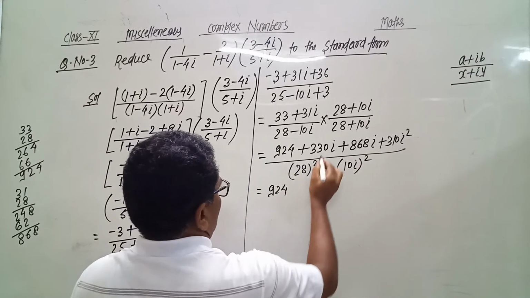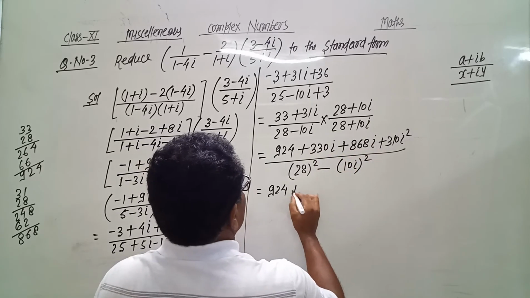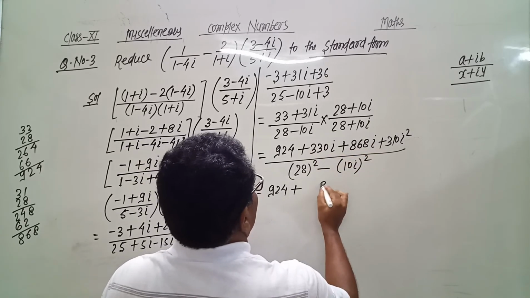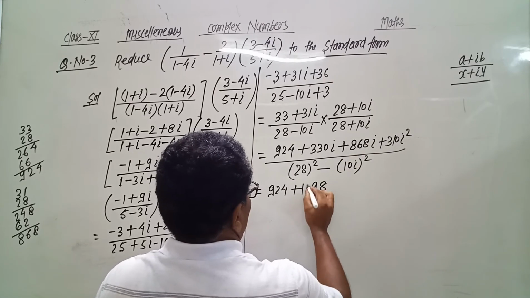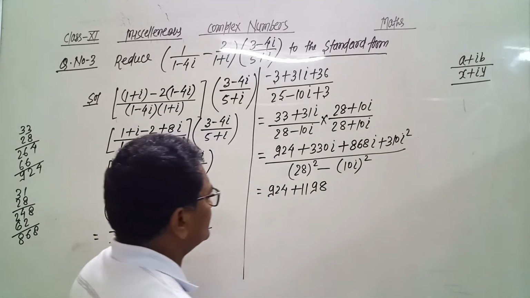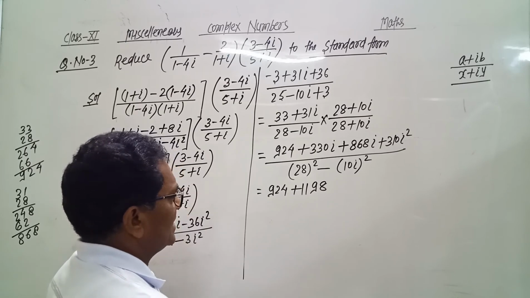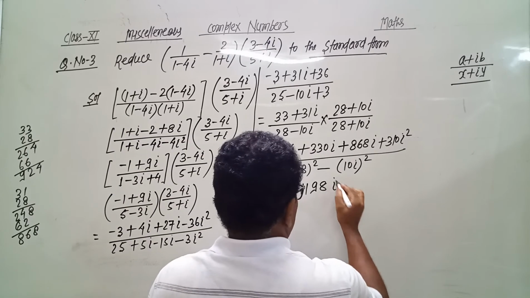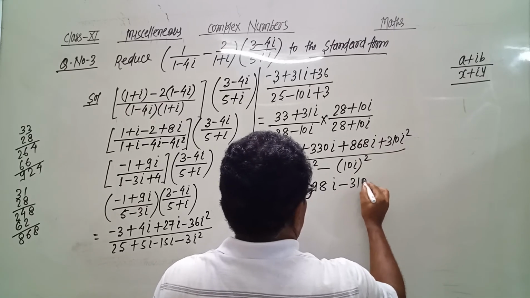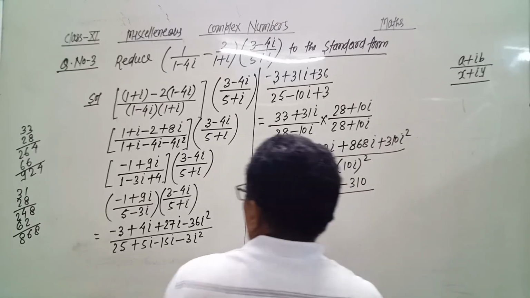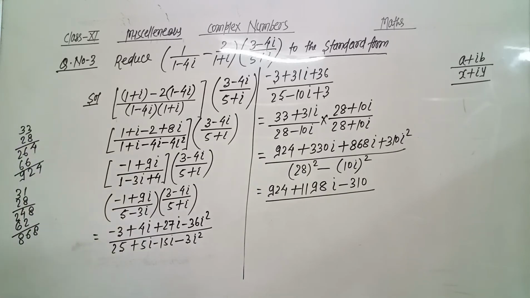924, 330 plus 868, we get 1198 iota. And iota square is minus 1. So minus 310 upon 28 the whole square.